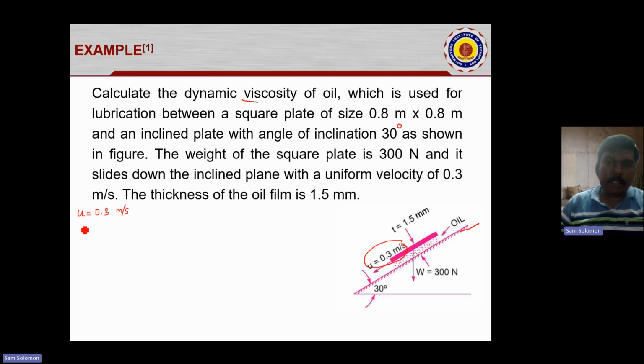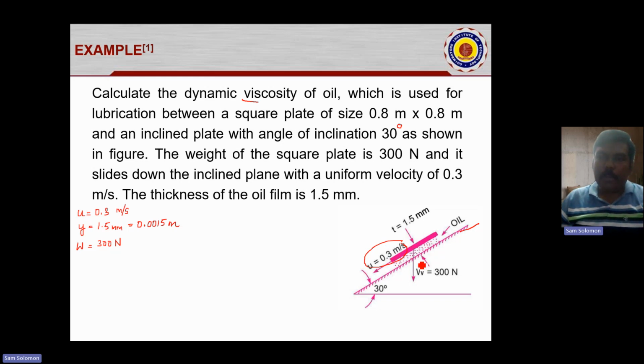And the thickness that is given can be taken as y, and we can write that as 1.5 mm. If you convert that to meters, that is going to be equal to 0.0015 meters. What else is given is the weight of the plate, acting in the downward direction, that is 300 newtons.